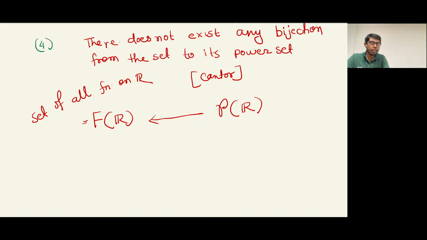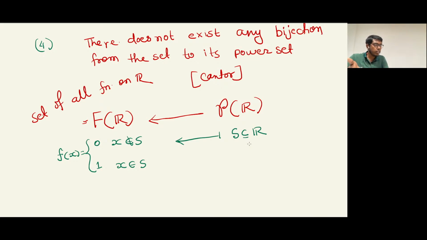How is this map defined? Take any S subset of R and send it to the characteristic function f, where f(x) is equal to 1 if x is in S and 0 if x is not in S. So clearly this is a function, and for each subset you will get one unique function, and therefore this is injective.